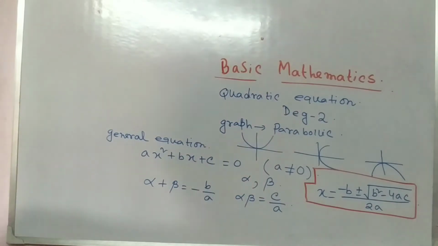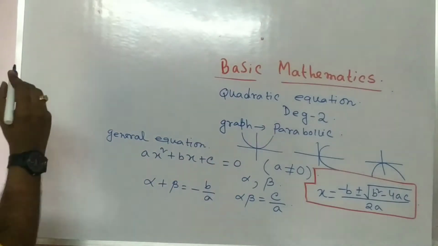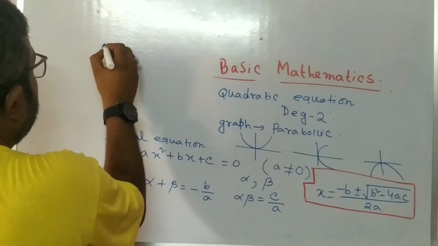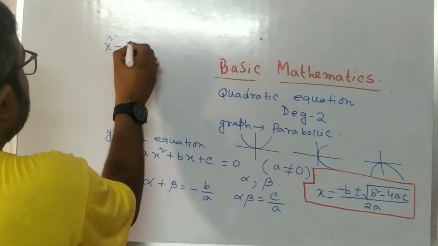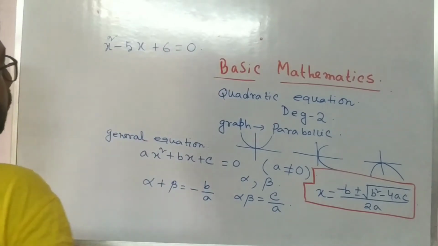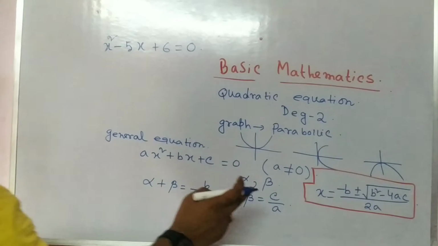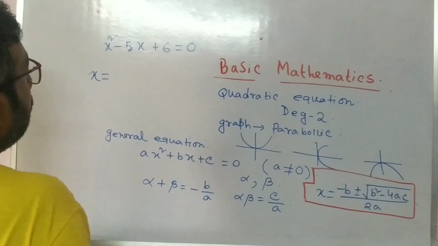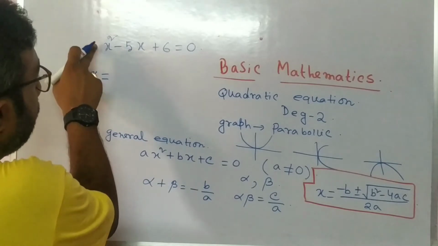Now we need to understand how we apply this equation. Let's take an example: x square minus 5x plus 6 equal to 0. Okay. If we want to find the value of x with the help of Sridhar Acharya, so x equal to, here compare this equation with this.